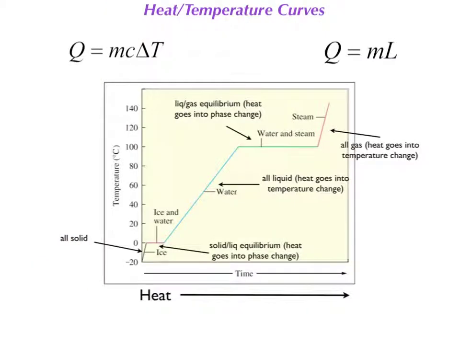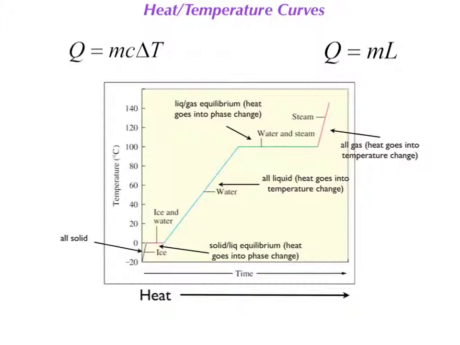So to help us understand this, we can get a visual by using what's called a heat or temperature curve. Let's imagine that we've got a pot of ice, and that ice starts at negative 20 degrees Celsius. We're going to put that pot of ice on a burner and heat it up until it all becomes steam. While we do that, we're going to graph the heat energy as the water changes.